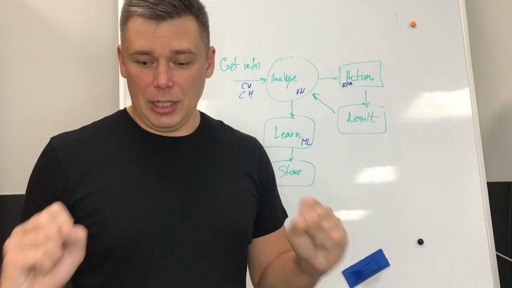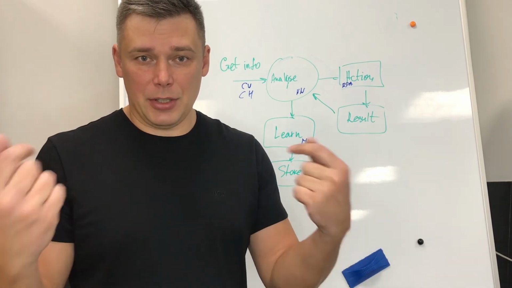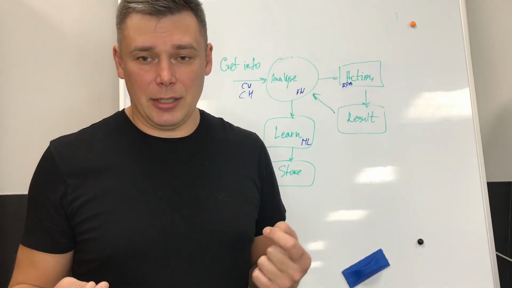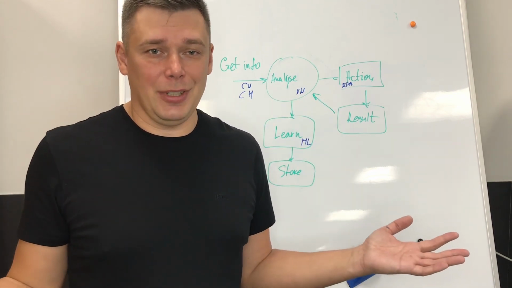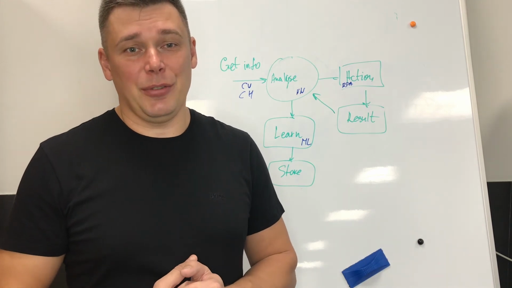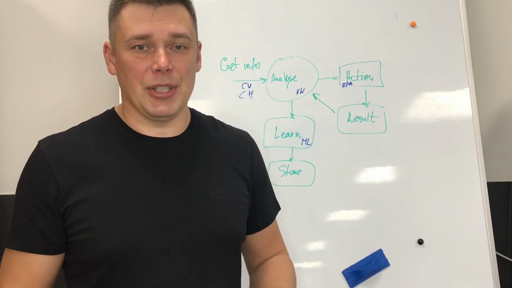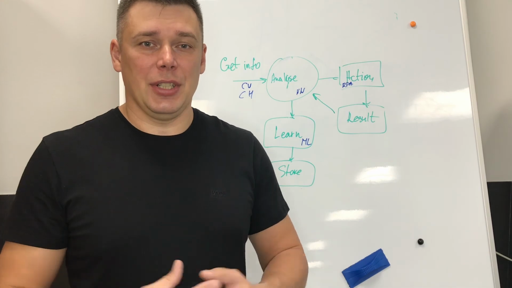After that, we understand how it works. We get feedback and analyze information again. This is artificial intelligence. This is what we have to implement for our software, for our business needs.